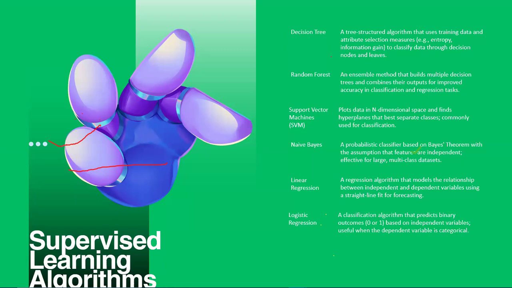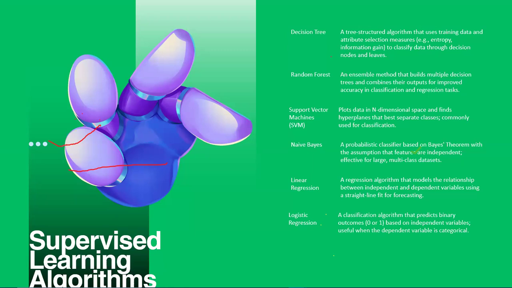So the output of a logistic regression model is either 1 or 0, yes or no. One good example of an application of logistic regression would be a spam filter. Is this a spam or not? Is this a fraud or not? These are the main types of algorithms when we talk about supervised learning.